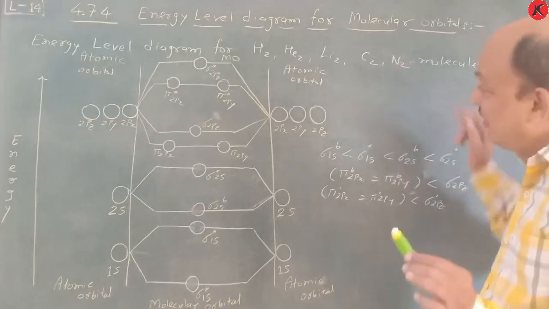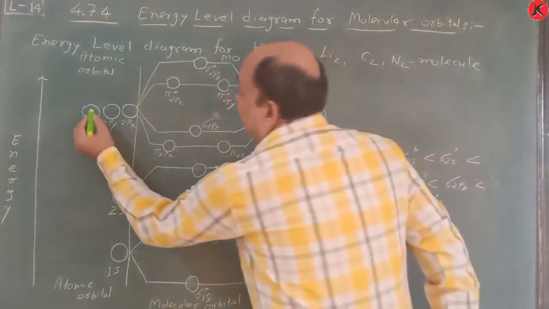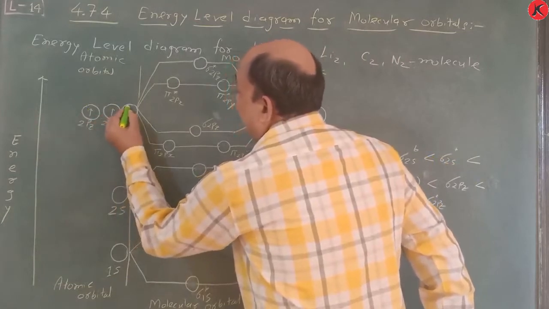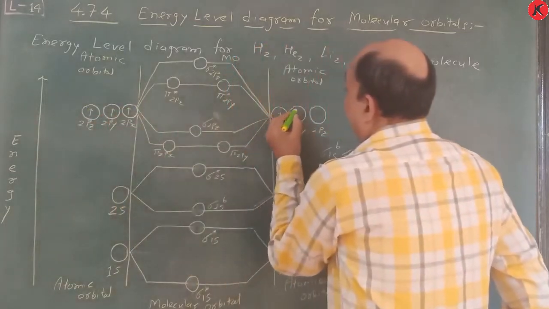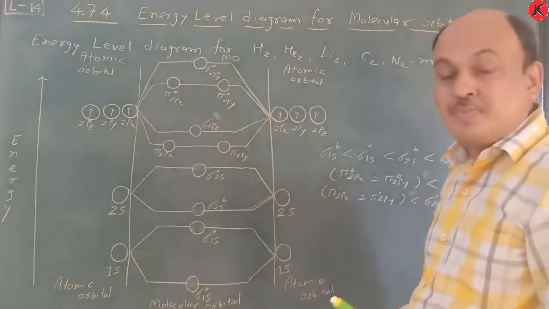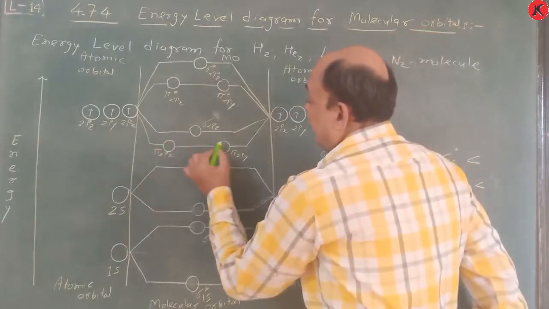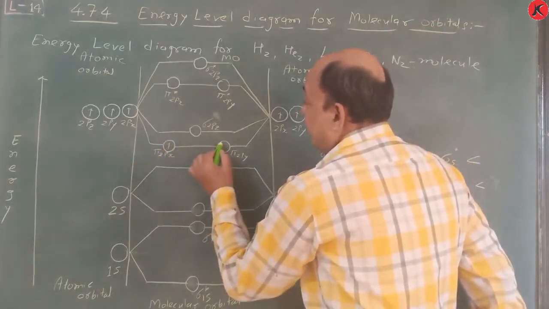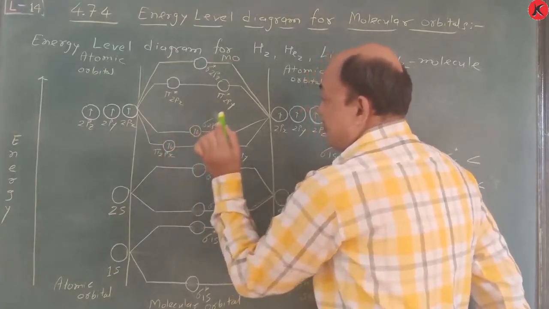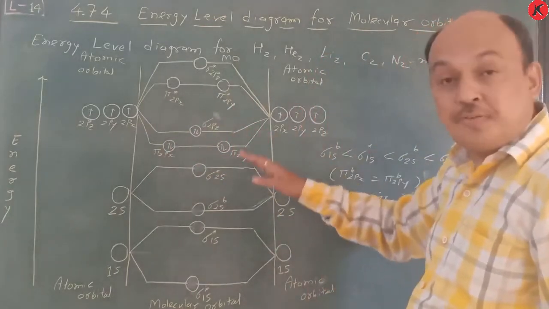Is it clear? Once again I repeat. Suppose you put one electron in each of these orbitals. According to Hund's rule, electrons are filled this way, and this is true for nitrogen.